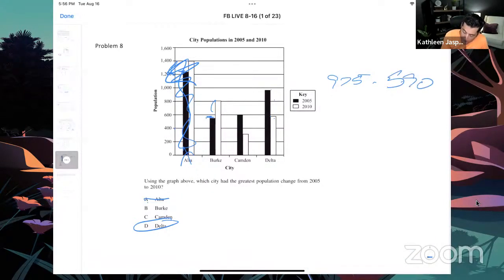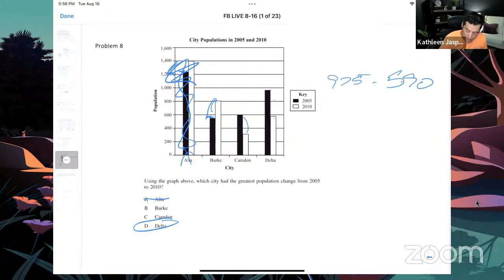That is definitely a greater change than what these two went through. And so that's why delta is going to be your change. And it's also the opposite. It went down. Even though it went down, it dropped almost 400 people. It was the biggest population change. It was a decrease of 400 instead of an increase. Okay.